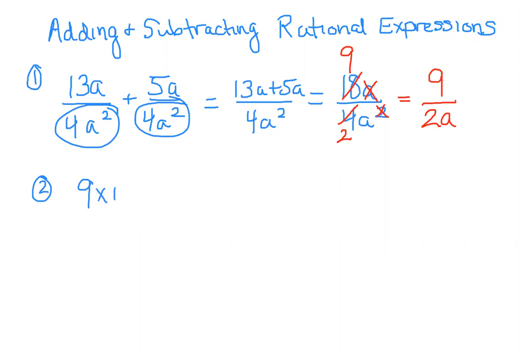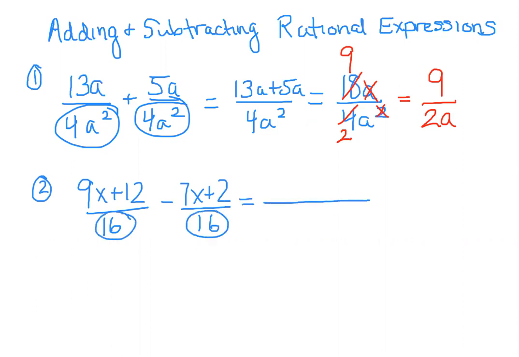All right, let's look at number 2. 9x plus 12 over 16 minus 7x plus 2 over 16. Again, the denominators are already the same, so we don't have to do step 1. We're going to write this all over the common denominator. Now watch, because this is a subtraction, we've got 9x plus 12 minus 7x plus 2.